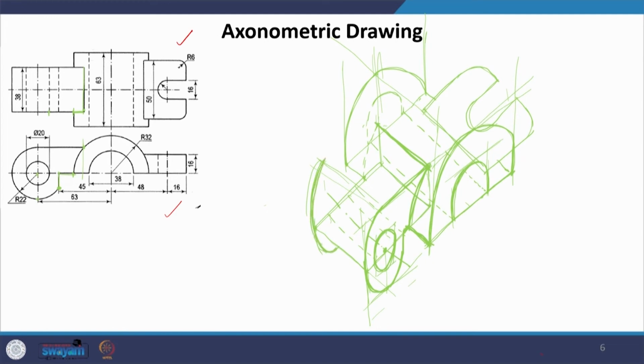This is what we get, and we will join this, which is the tangent, and then this becomes a straight line which will be parallel to this. So, we will not be seeing this, and at this level there will be a circle here, and this one will go back up like this and will be joined with this.